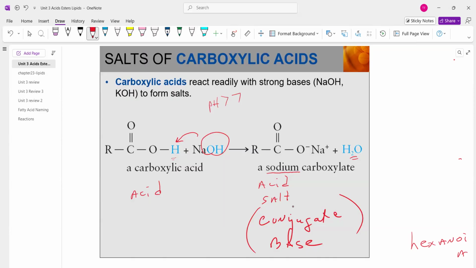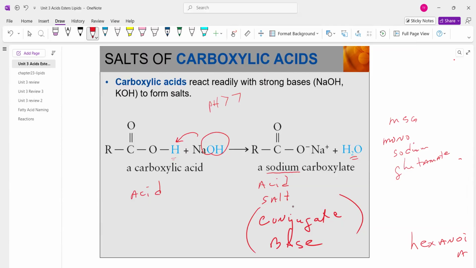So I was just reading an article today on MSG. MSG is monosodium glutamate. There's an amino acid called glutamic acid. In a physiological pH environment, the pH is 7.4, so it's ever so slightly alkaline.